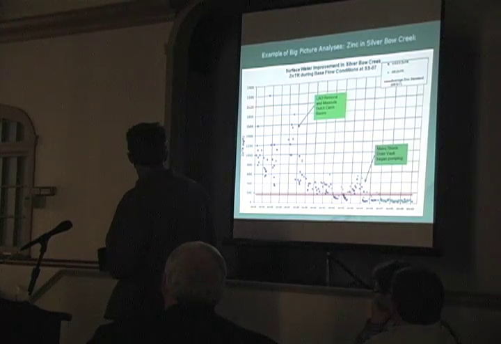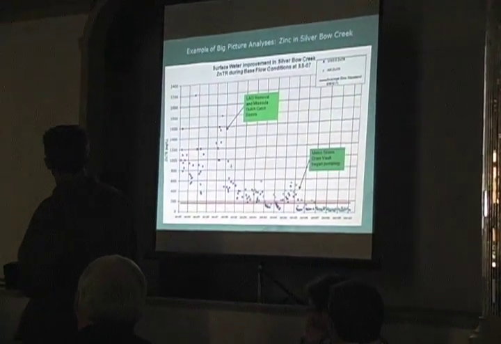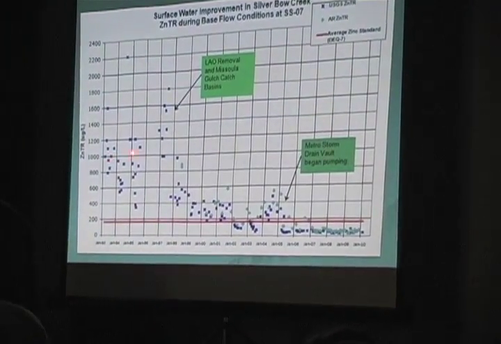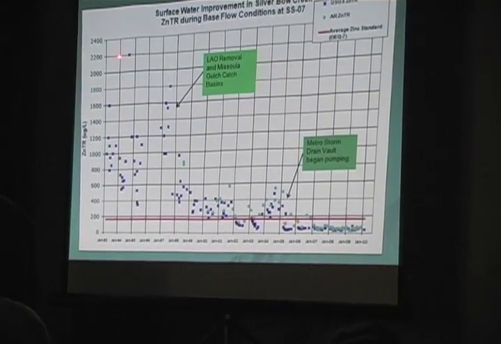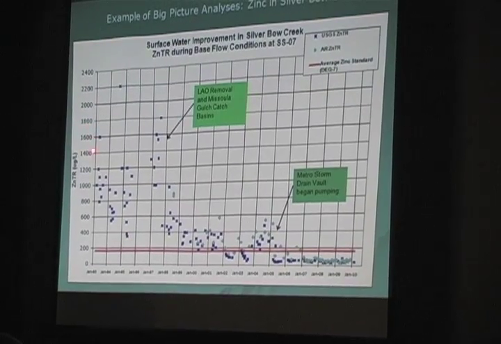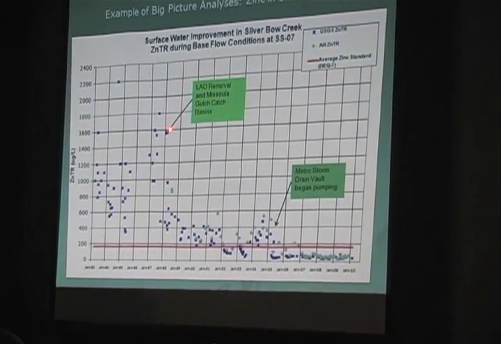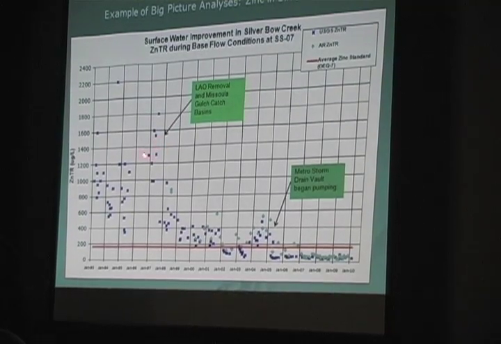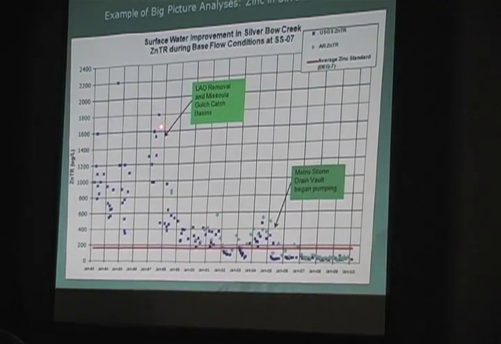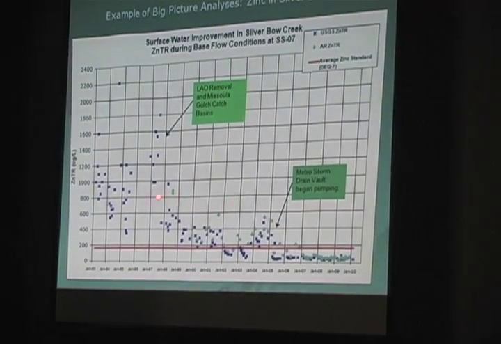So back in 93, probably somewhere around 1,000 parts per billion on average, going upwards of 2,000. First significant removal in the area was the LAO removal in the Missoula Gulch catch basin. And as you can see, this took out a significant amount of loading right out of the creek.